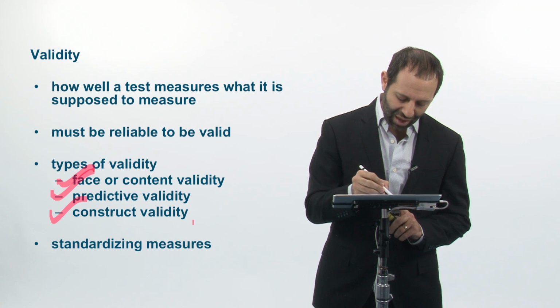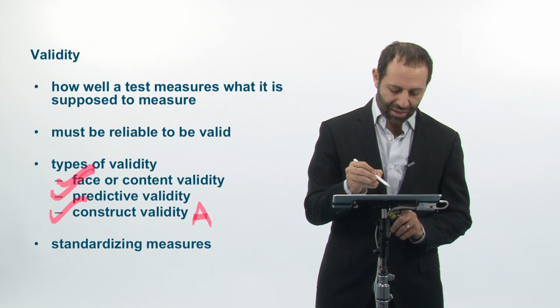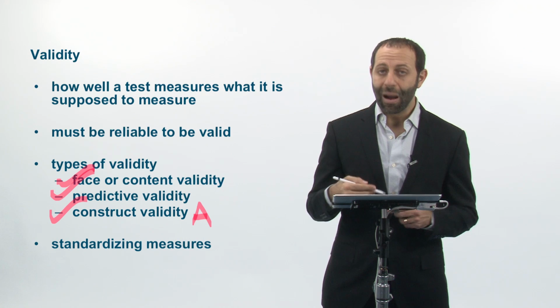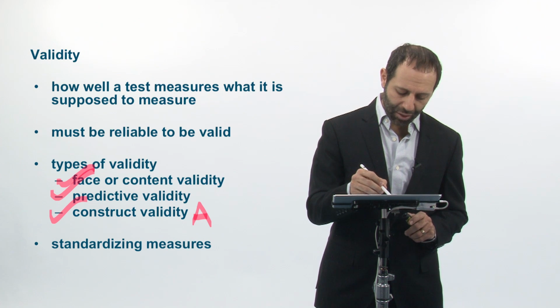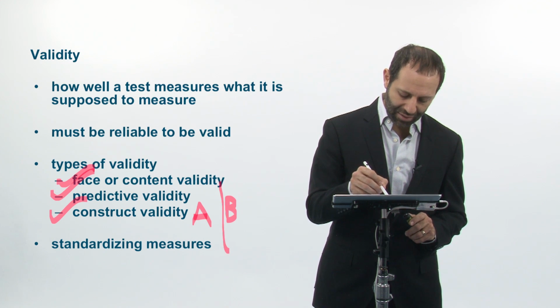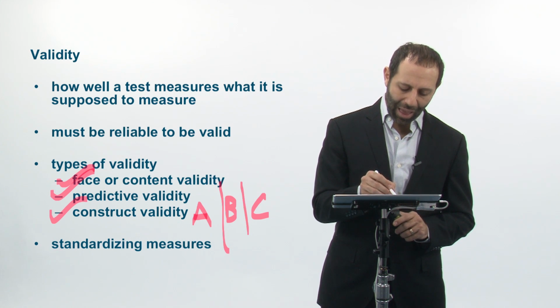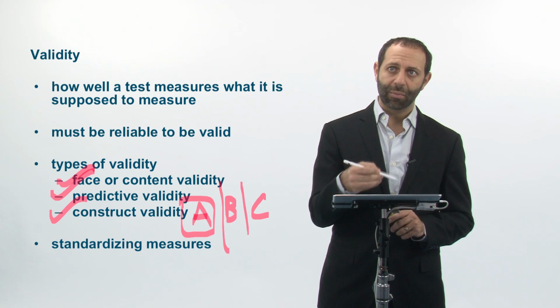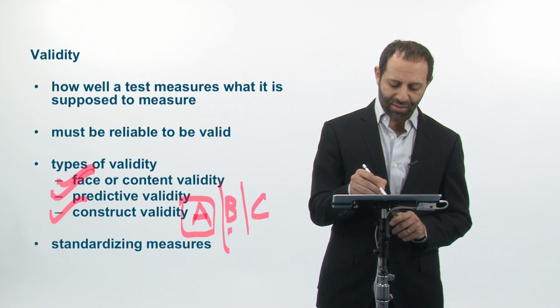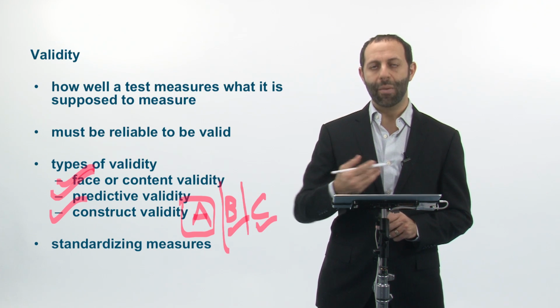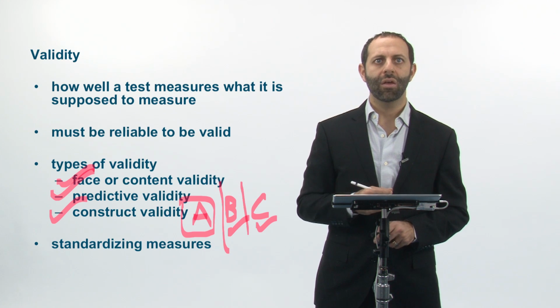So if I have measurement A that's going to assess, let's say, my athleticism, and then I'm going to have test B and test C, I want to be able to compare how well A does in its predictability to what B says and C says about my athleticism. Okay?